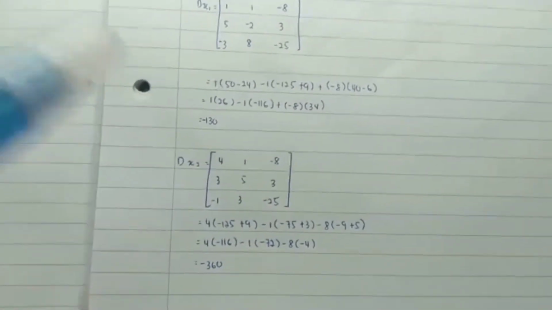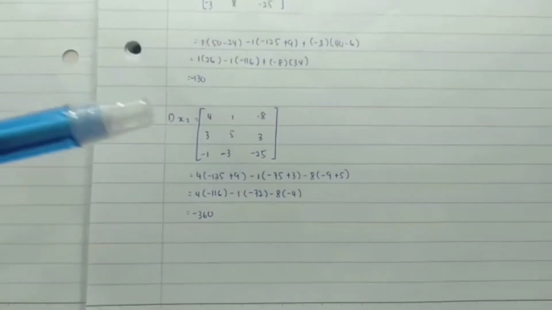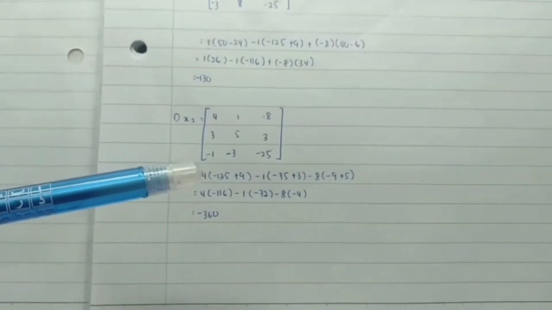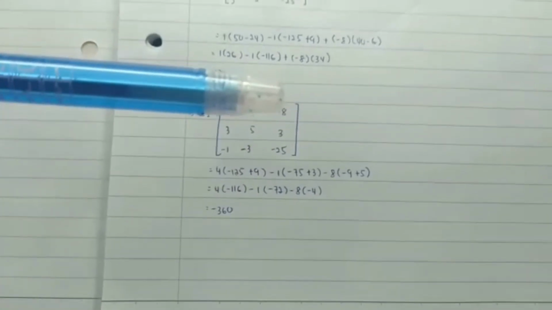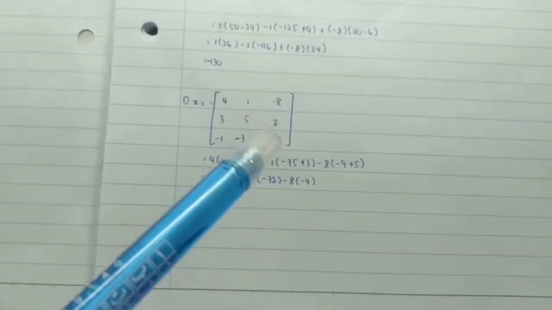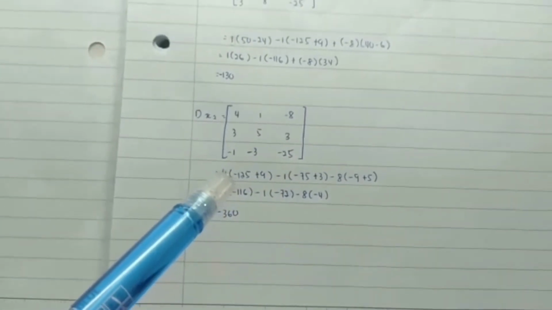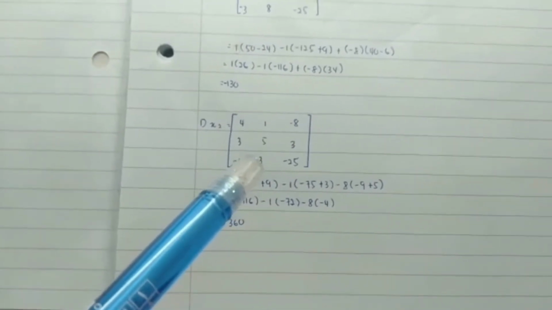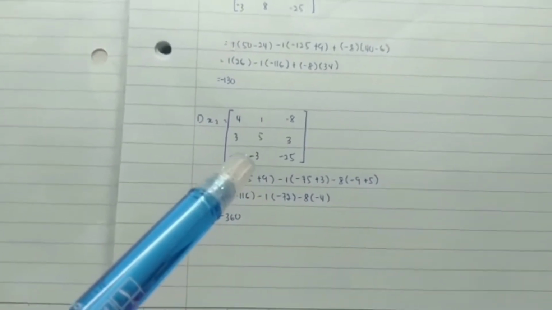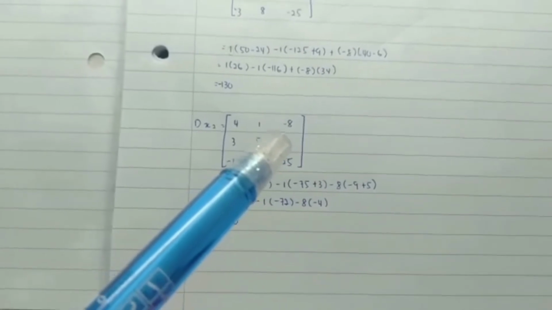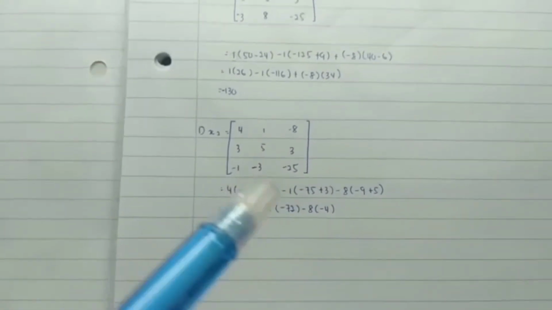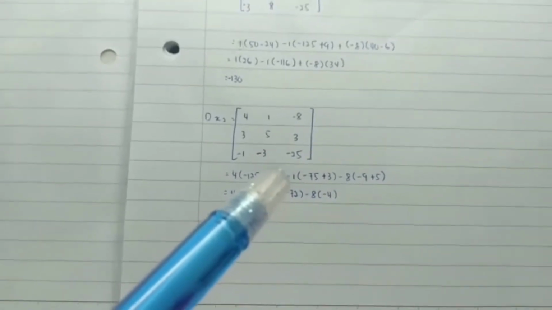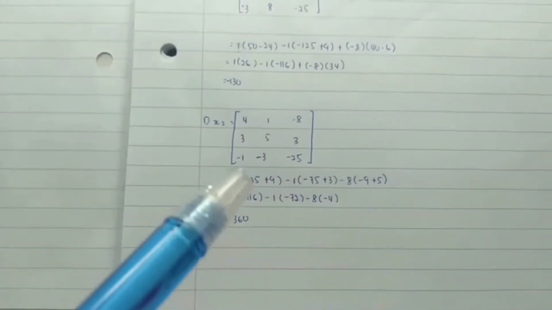Put it right here, and as usual, take this 4 and put it right here, and then close this and this, and you'll get 5 times -25 equals -125, and negative 3 minus negative 3 times 3 equals negative 9. So plus 9 minus 1, this one.